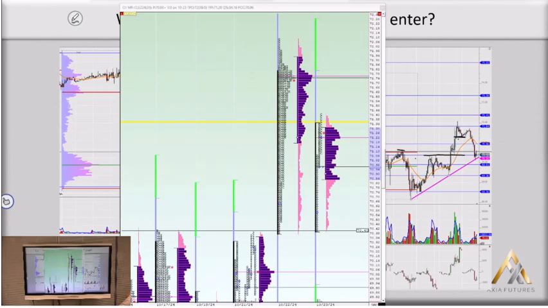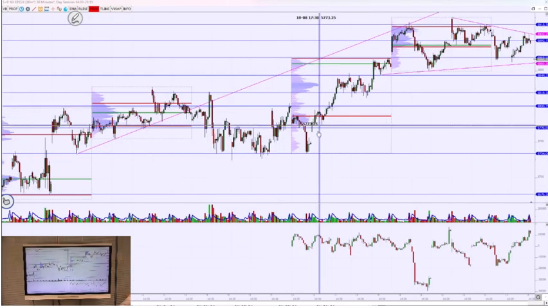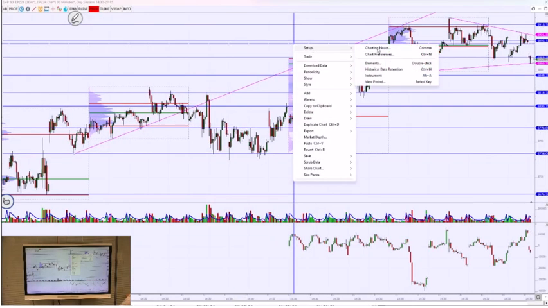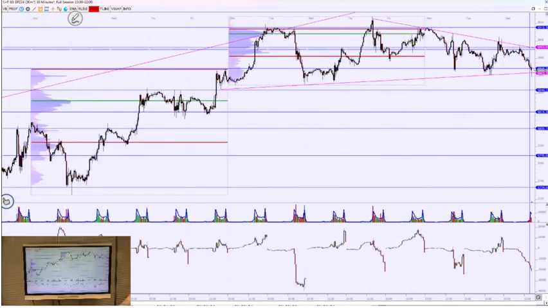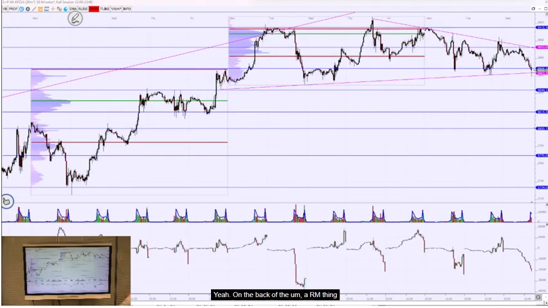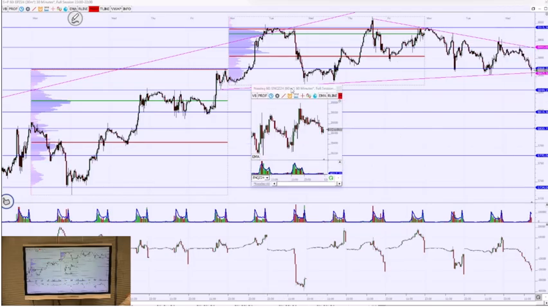Right. The S&P incidentally has broken that. No, it hasn't. I've still got that on it. It might have done actually. Nasdaq had some decent moves today. Yeah, on the back of the ARM thing, ARM and Qualcomm.